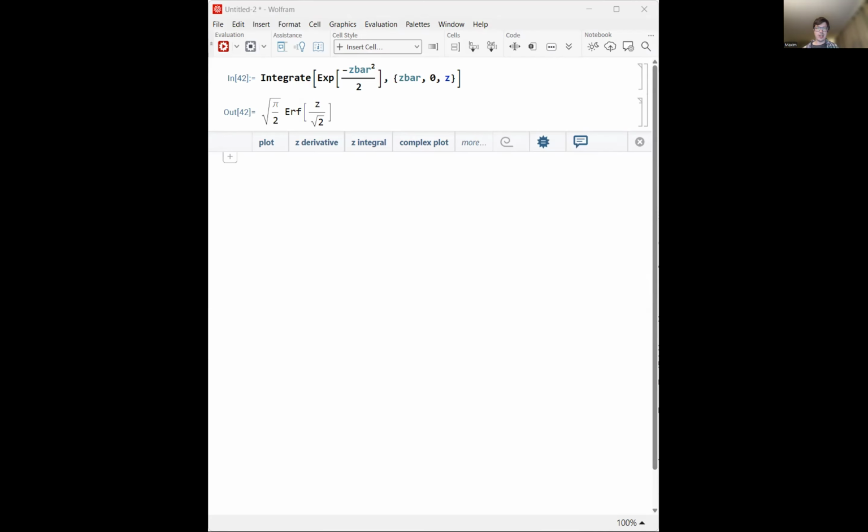And this is going to be an error function of z over square root of 2, and then there's another constant, this constant of integration out here. I'm just going to put it on the other side and call it plus b, some other constant. Now let's substitute in for z.